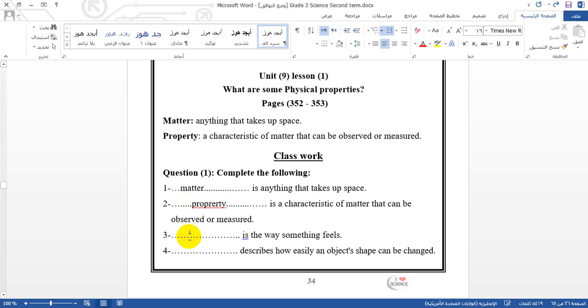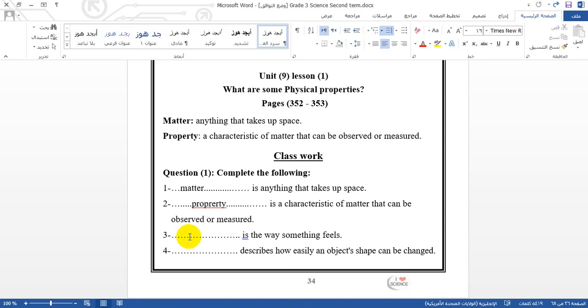Number 3 is the way something feels. What can we say for this one? Which one is the correct answer for something that helps you to feel it?